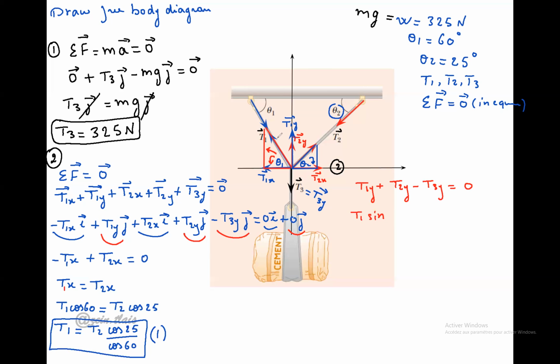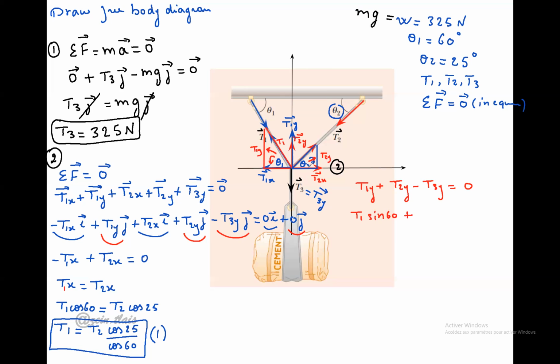So T1y equals T1 sine theta 1, 60, plus the same for T2y, which is opposite to theta 2.